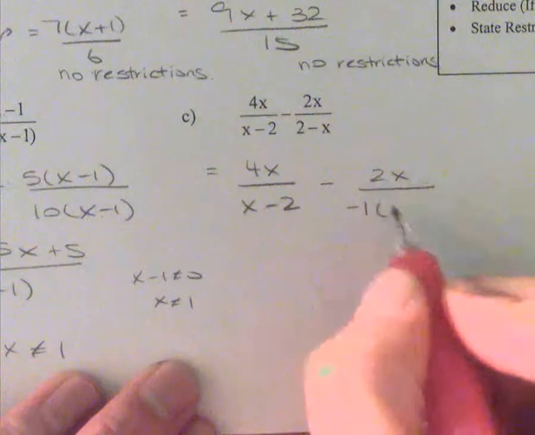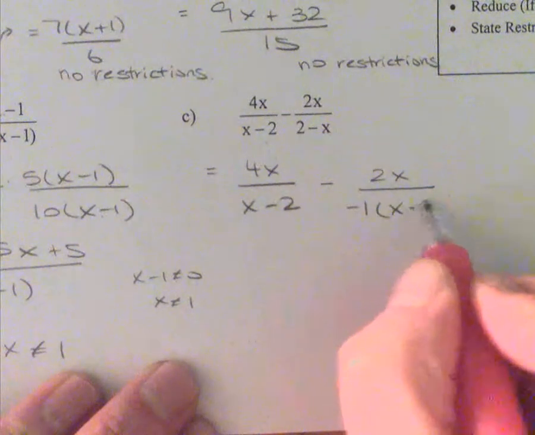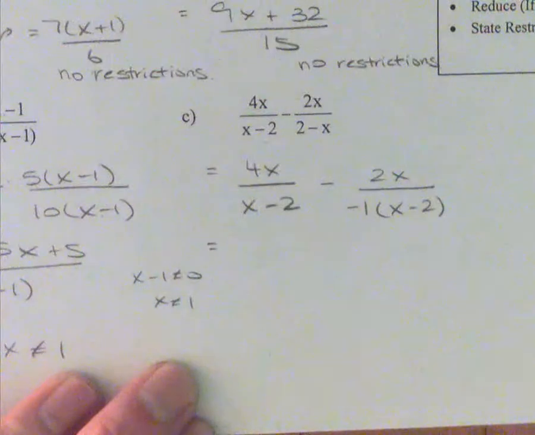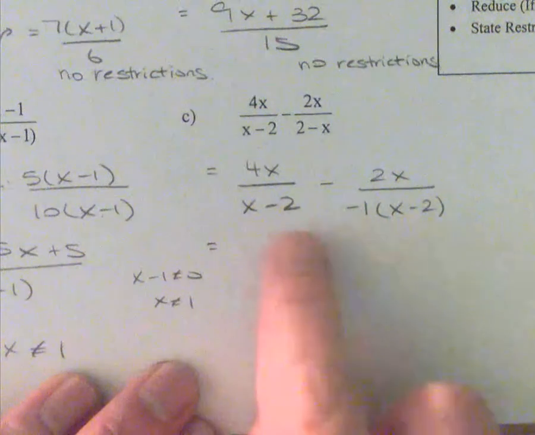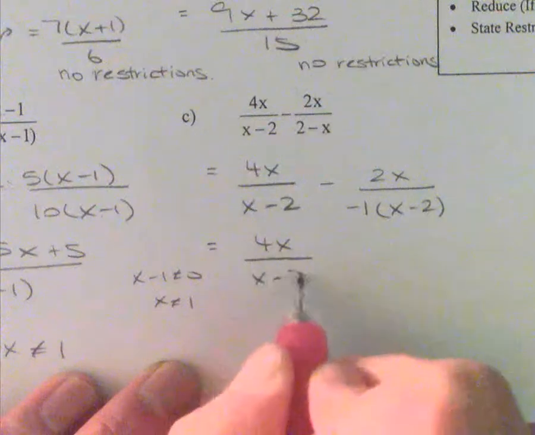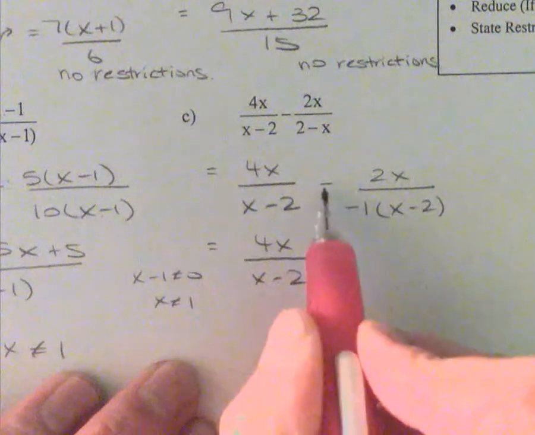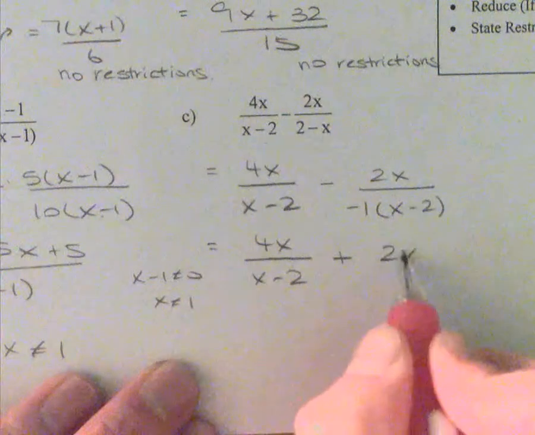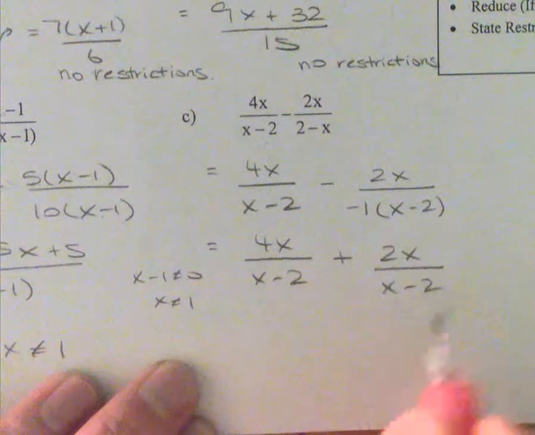So if I factor out the minus 1, I'm left with x minus 2. So now these are identical. So now I have 4x over x minus 2. And now I have minus and a minus, which really means this is plus 2x over x minus 2.